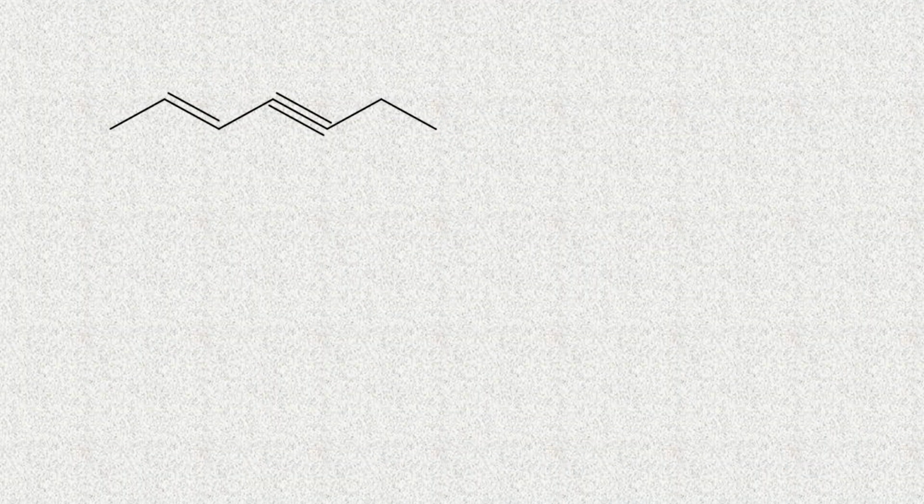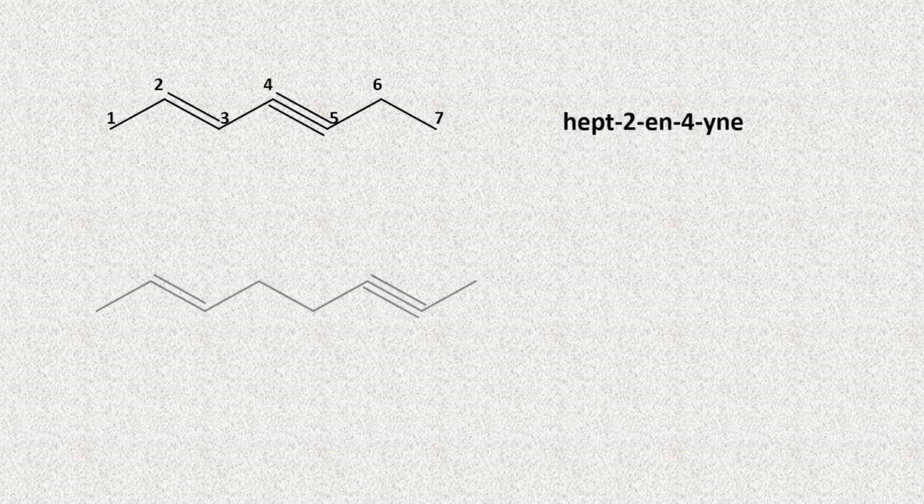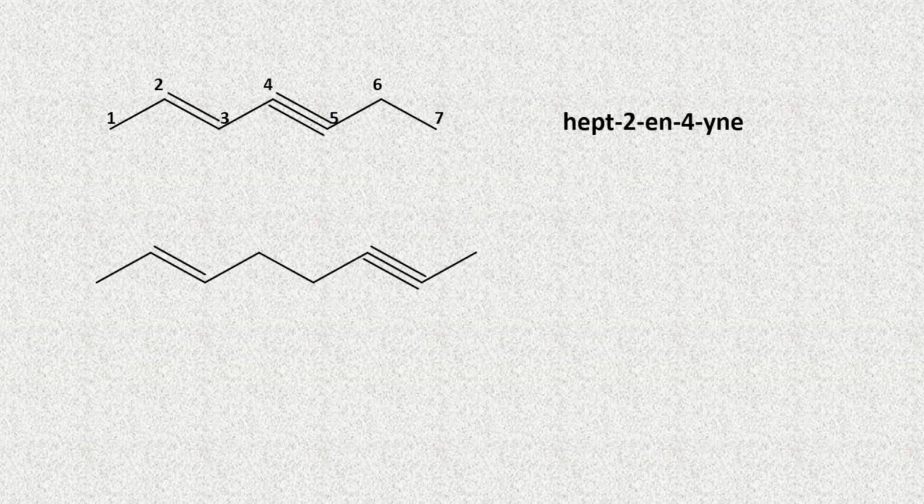Consider some more examples. It is a 7 carbon based compound. Using the least sum rule, its IUPAC nomenclature is hept-2-ene-4-yne. Here in this example, the double and triple bonds are equidistant from both ends and will get the same locant.